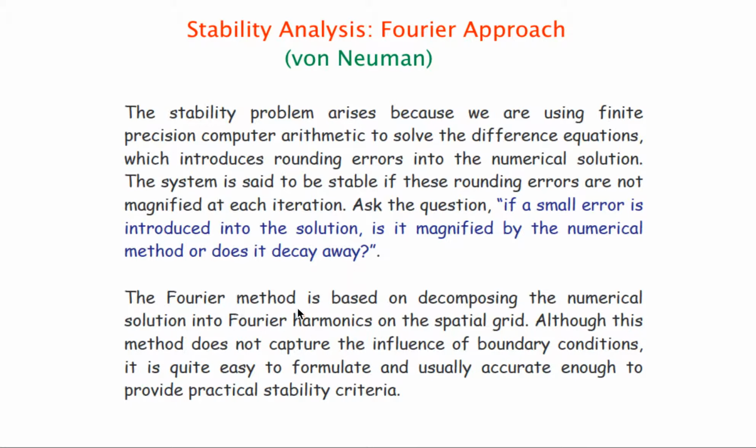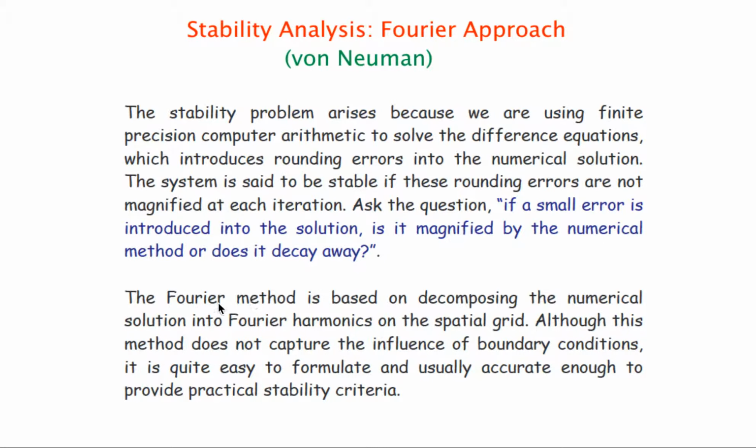The Fourier method is based on decomposing. Here we are going to justify why we are using that criteria. But basically, at the end, I'll give you the recipe you have to follow in order to check the stability of the method.